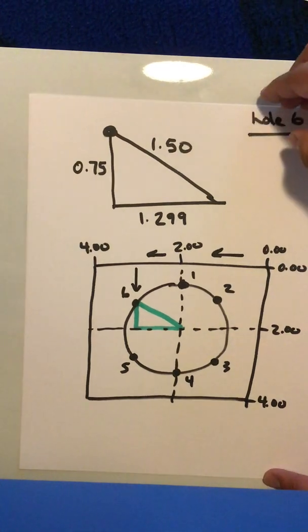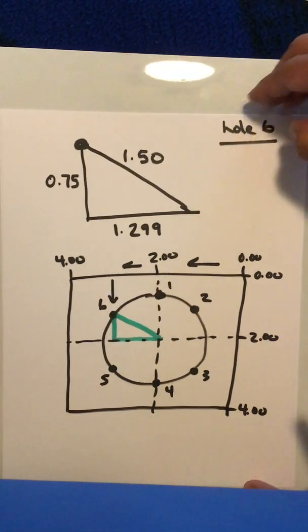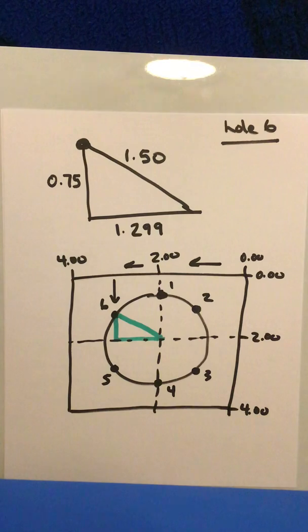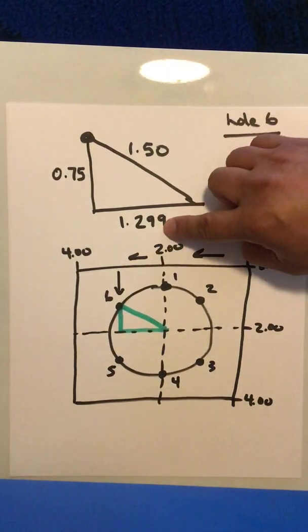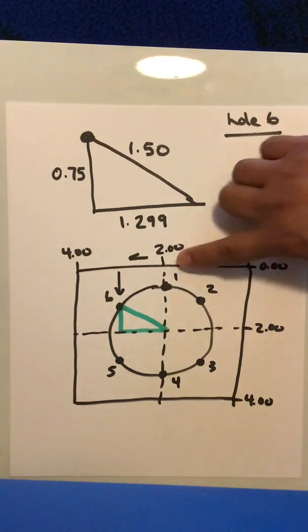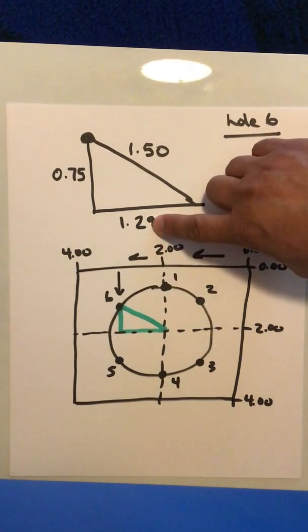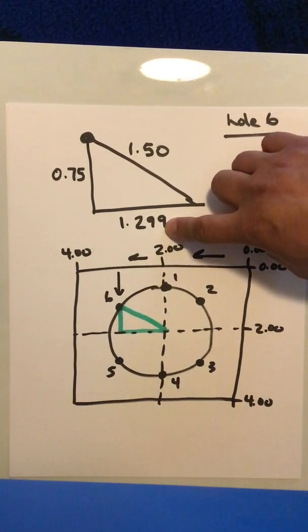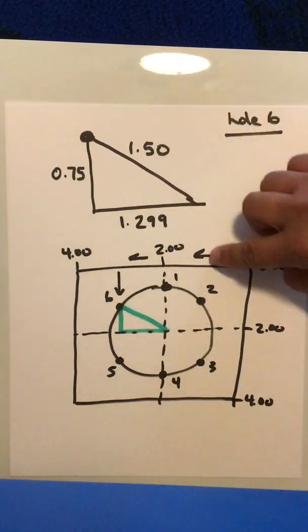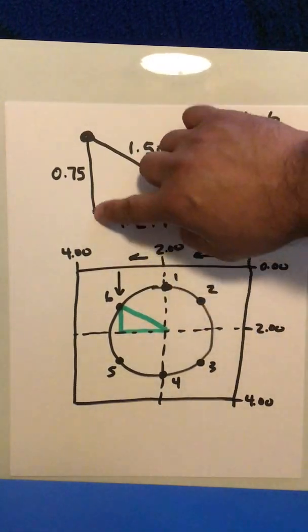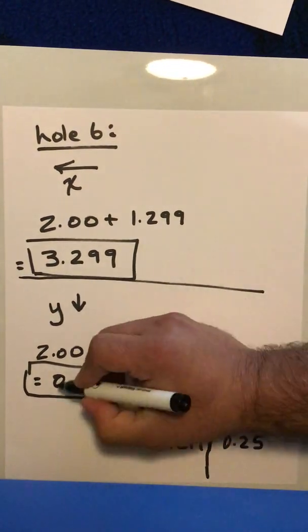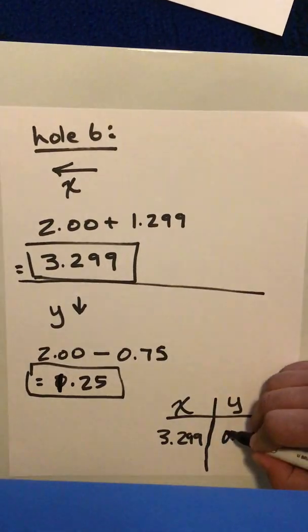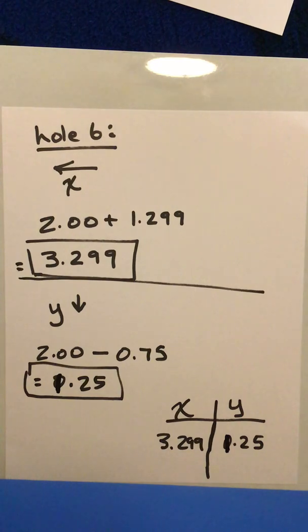So this is what my triangle looks like. To find the location for hole 6, I'm going to add 2 plus this, which gives me 3.299. Then I go down 2, but subtract this, and that gives me this setup right there.